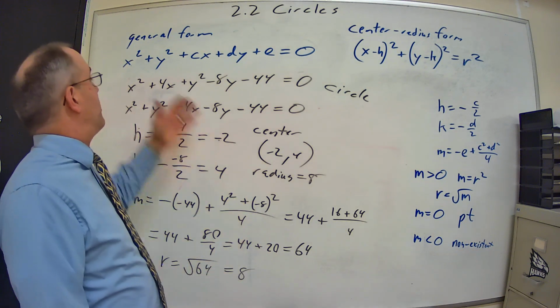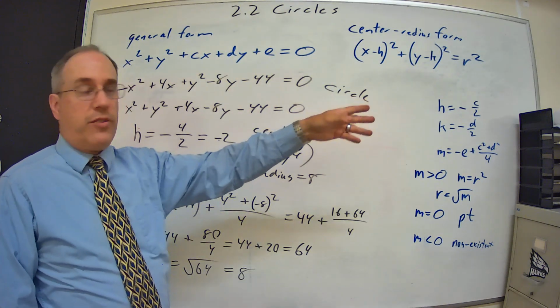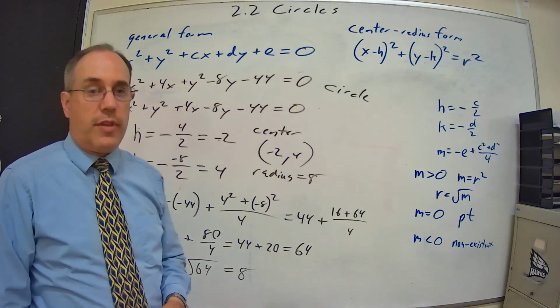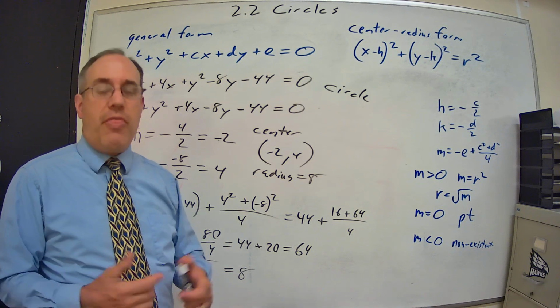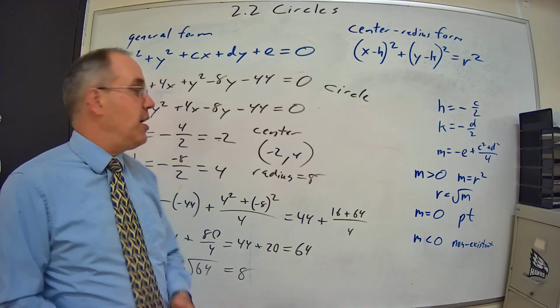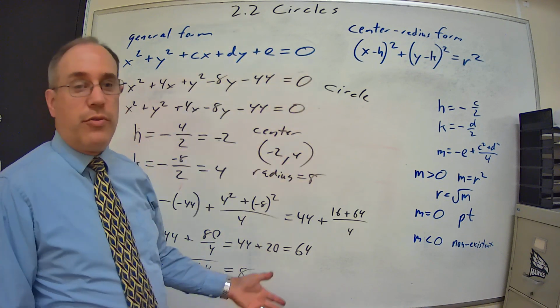So I can convert from general form to center radius form, and from center radius form to general form. With a little effort, but it's not that horrendous a process. It's stuff that we've done before. So that is our introduction to circles.